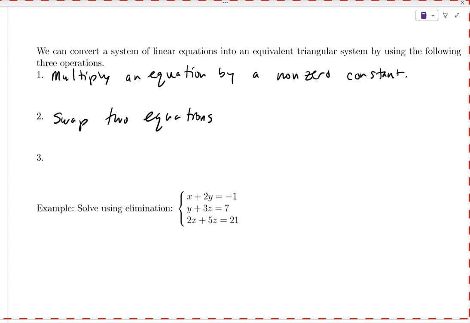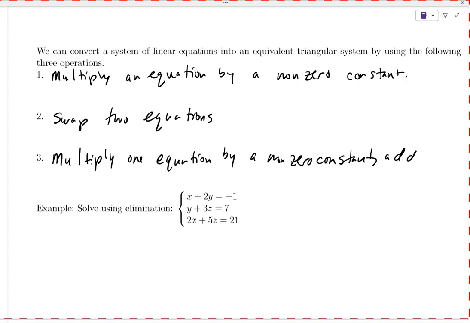The third one looks a little tricky. It's basically combining a couple of things. We can multiply one equation by a non-zero constant, add that equation to a second equation, and then replace the second equation.